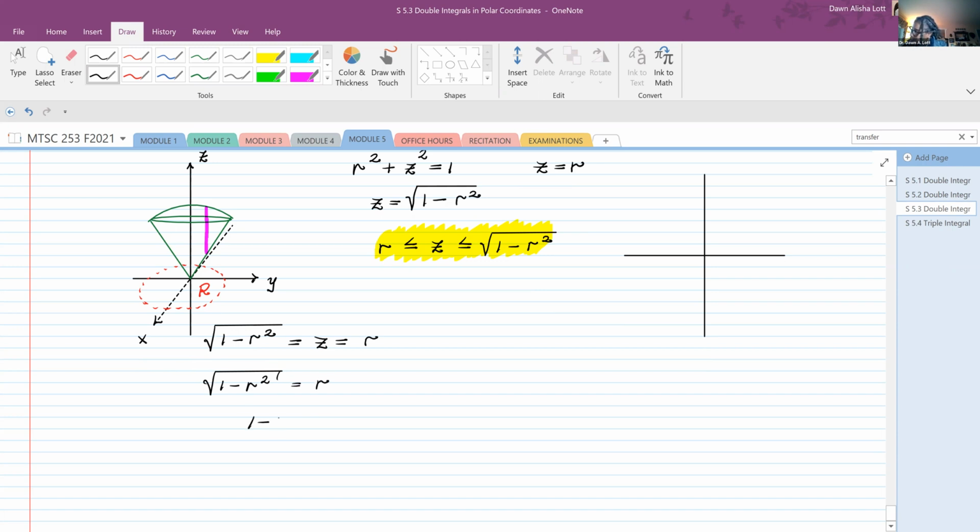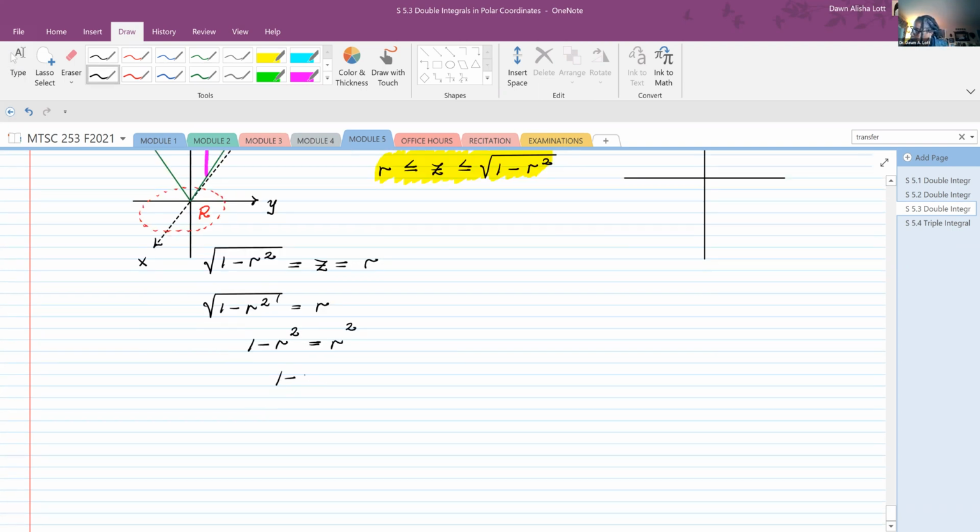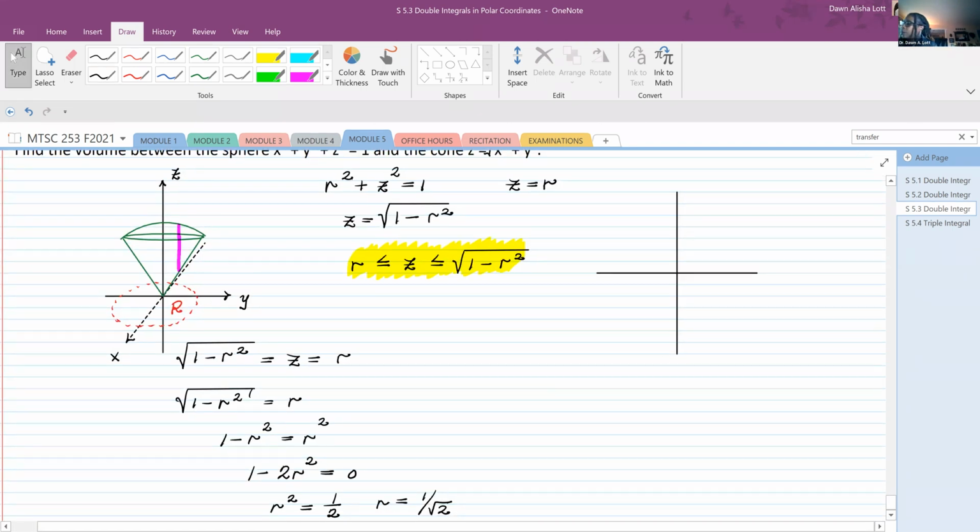So 1 minus r squared is equal to r squared. So 1 minus 2r squared is equal to 0. Therefore r squared is equal to 1/2, so r is equal to 1 over the square root of 2. So they intersect in that circle. Here's the circle they intersect in.